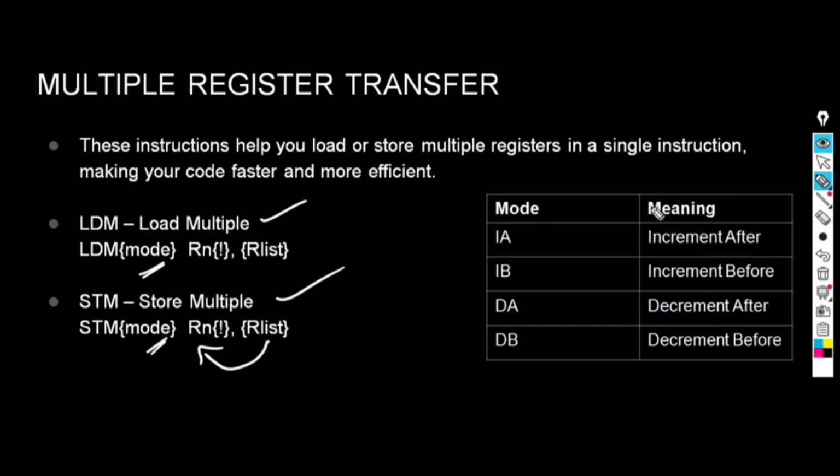What is it and how exactly do these instructions work? We'll learn that in detail in the upcoming slides. And one more thing you notice is an exclamation mark. Whether the base register should be updated with the new address or retain the previous value depends upon this exclamation mark. Now let's discuss each instruction in detail.